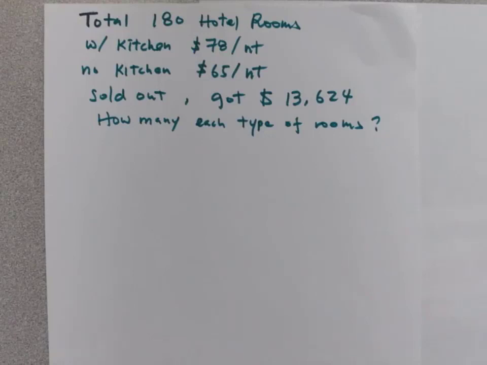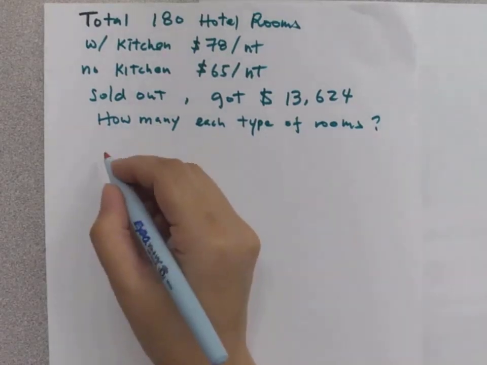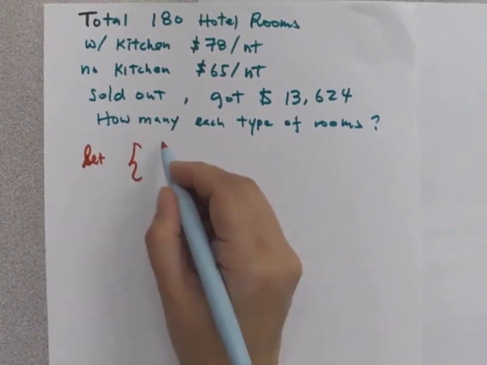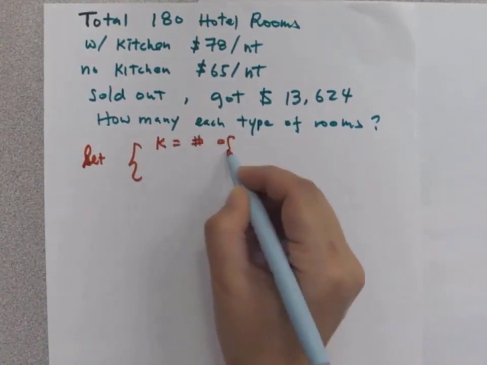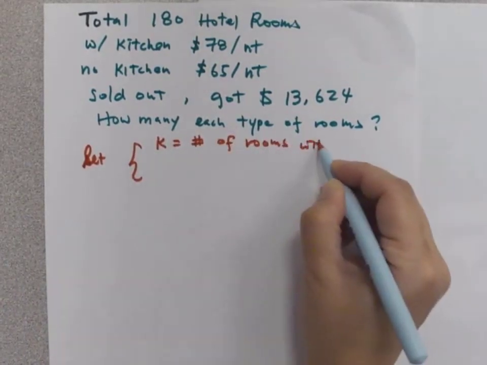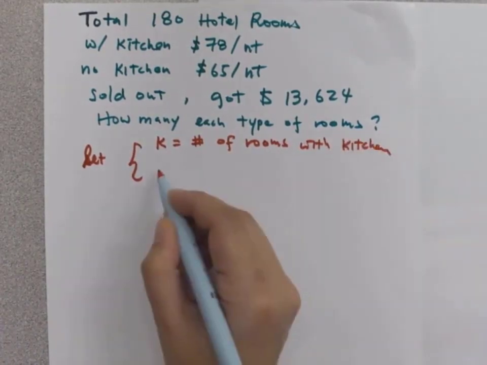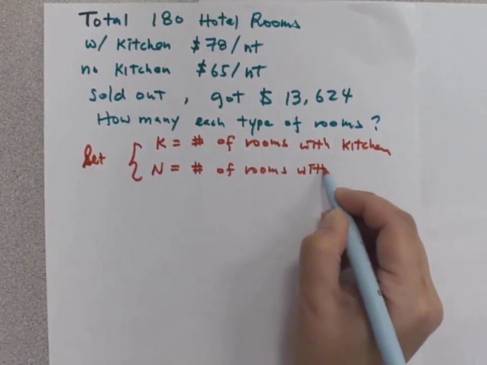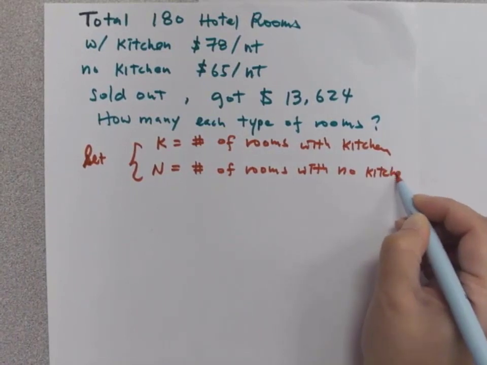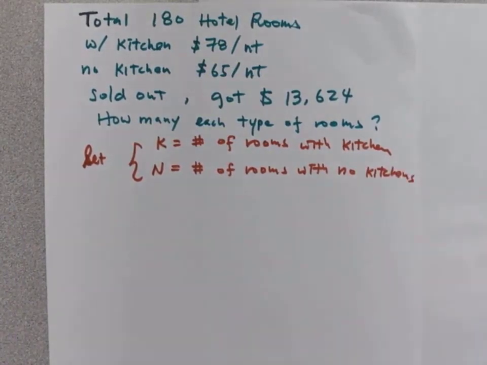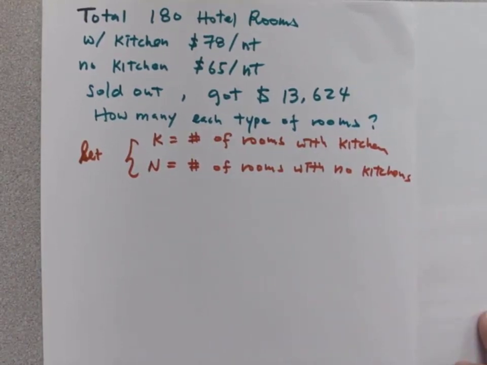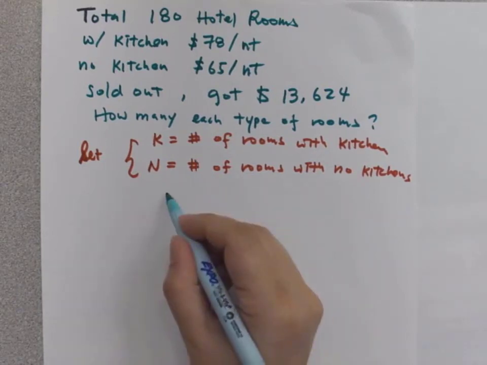So we're going to set K equal to number of rooms with kitchens, and then N equal to number of rooms with no kitchens. You can use X and Y, but this is easier for me to identify at the end which one is which.